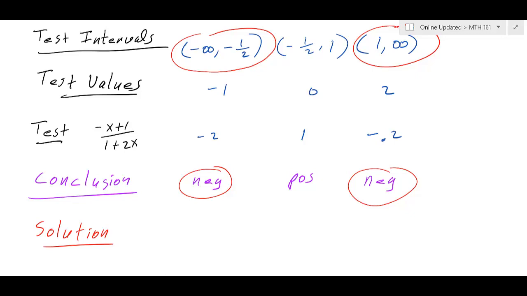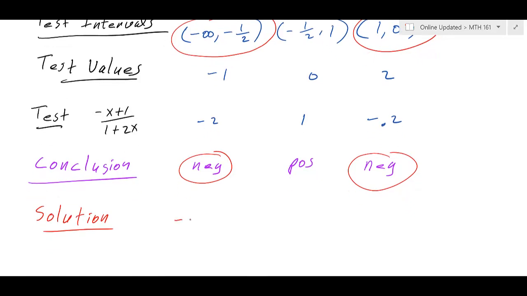Now, here's the part we need to be careful with. We know that the solution is going from negative infinity, so we know that infinity has parentheses. We're going to negative 1/2, and then we're going to look at 1 to infinity, and I know the infinity has parentheses.